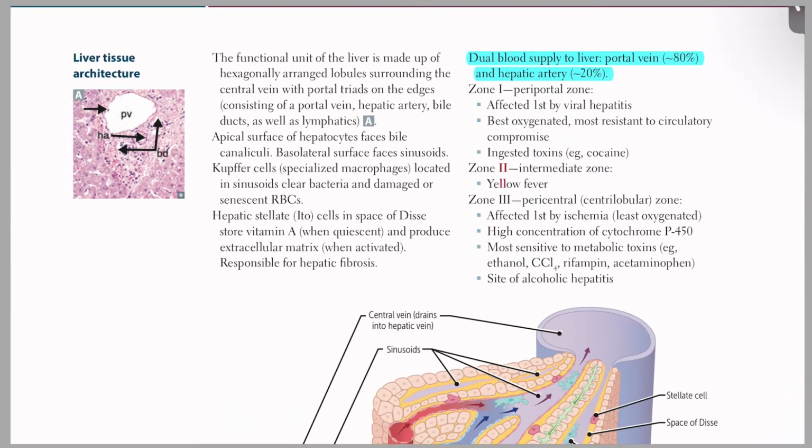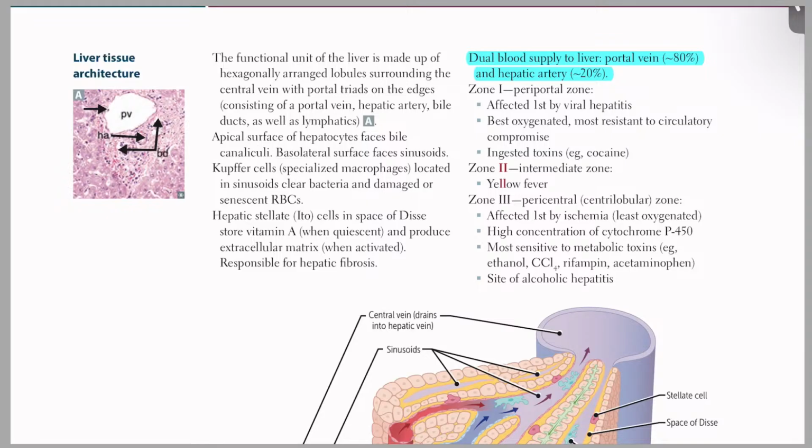Liver tissue architecture. The functional unit of liver is made up of hexagonally arranged lobules surrounding central veins with portal triads on the edges, consisting of portal vein, hepatic artery, bile ducts as well as lymphatics. Apical surface of hepatocyte faces bile canaliculi.